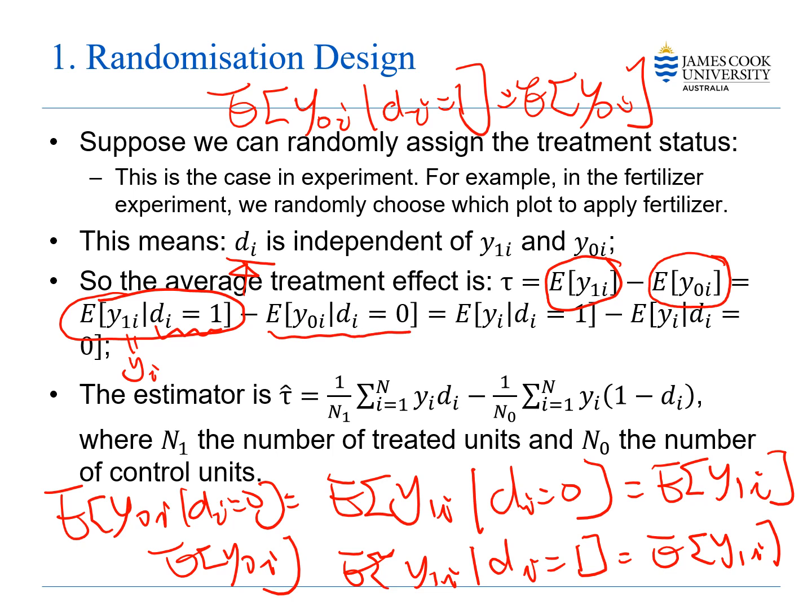Because conditional on di equal to 0, we observe the potential outcome, which is equal to yi. So that's where the second equality comes from. Now we have operationalized the estimation of this average treatment effect, because now we observe the data, the outcome. We move from the potential outcome to the actual outcome.